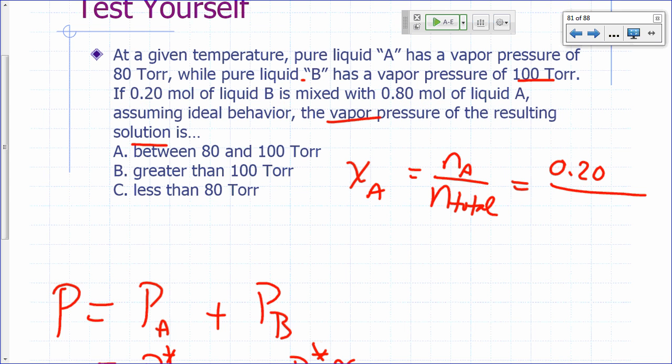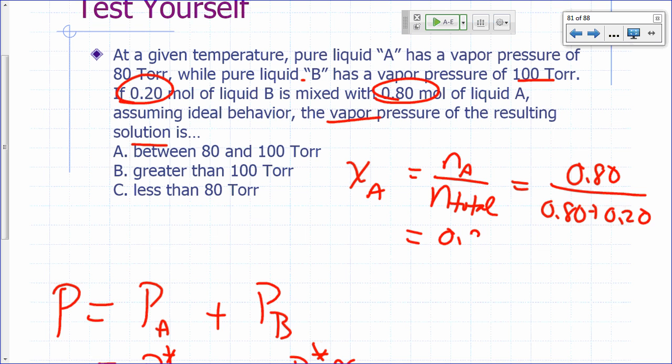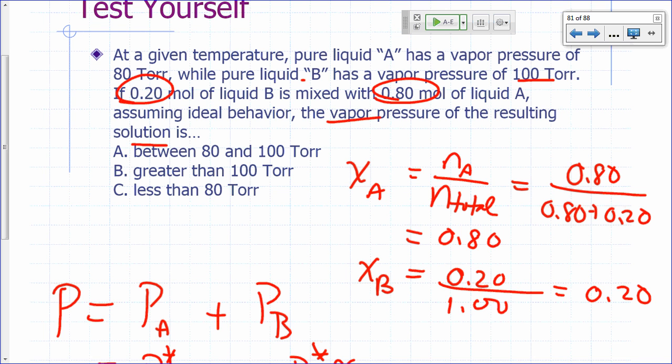Moles of A is 0.8, and the total moles is 0.8 plus 0.2, which is 1. So the mole fraction of A is just 0.80. What would be the mole fraction of B? 1 minus 0.8, or moles of B over total moles, which is 1.00, giving 0.20.